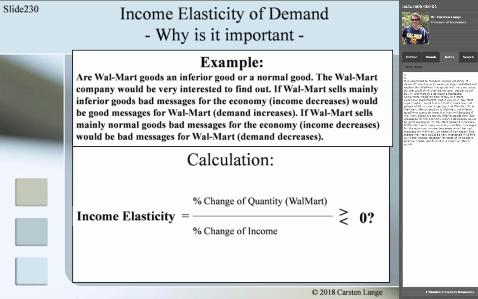If Walmart sells mainly normal goods, bad messages for the economy, income decreases, would be bad messages for Walmart too, demand decreases. This means Walmart would be very interested in finding out if the income elasticity for most of its goods is positive, normal goods, or if it is negative, inferior goods.